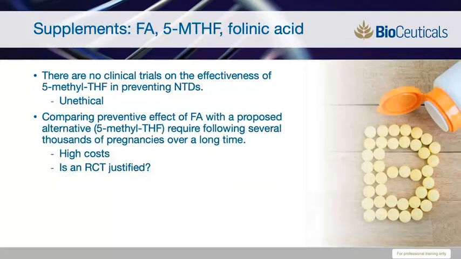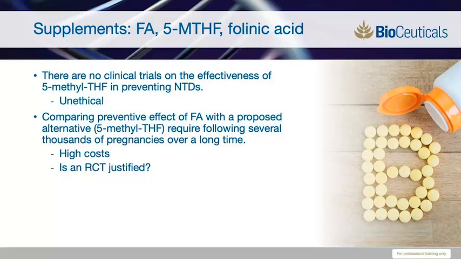There are no clinical trials on the effectiveness of 5-methyl tetrahydrofolate in preventing neural tube defects. What I mean here is that I showed you the two studies, in particular that UK study, that looked at folic acid against nothing in preventing neural tube defects. We couldn't now run a trial looking at 5-methyl and nothing to see if 5-methyl perhaps reduced risk by 80%, unlike the folic acid that brought it down by 72%.